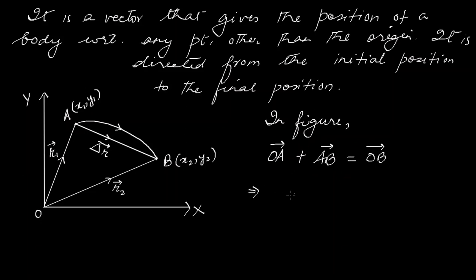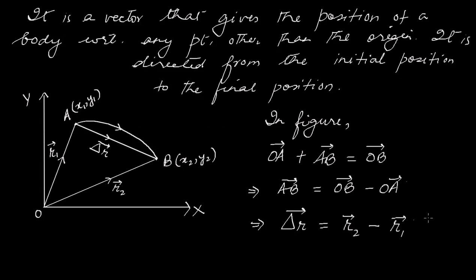So from here, can I write AB bar will be equal to OB bar minus OA bar. Okay, so what is AB bar here? AB bar is delta R bar is equal to OB here. OB here is R2 bar minus R1 bar. Let's call this equation 1.